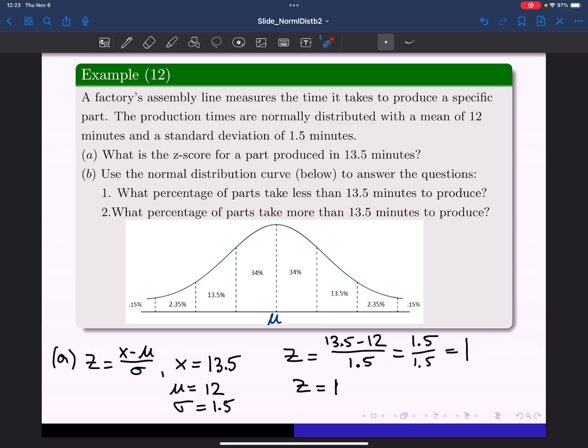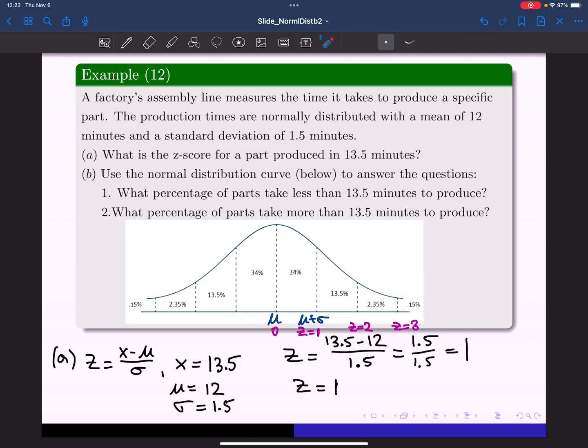So this is the mean plus one standard deviation, or in other words, this one would be my z-score 1. At the average, my z-score is 0, or 0 standard deviations away from the mean, right? And the next part would be z-score 2, and here would be z-score equal to 3.